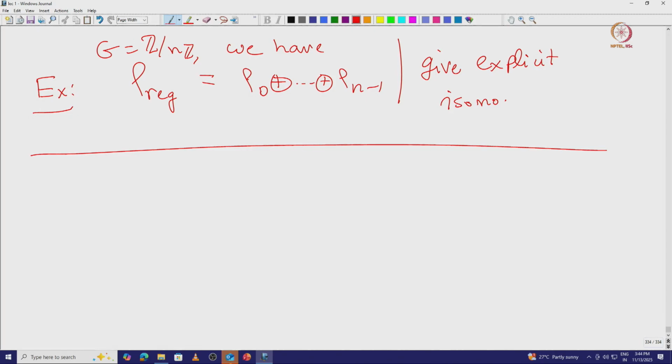Let us define what it is. Here we simply take the columns of this matrix indexed by the conjugacy classes and the rows indexed by the irreducible characters.